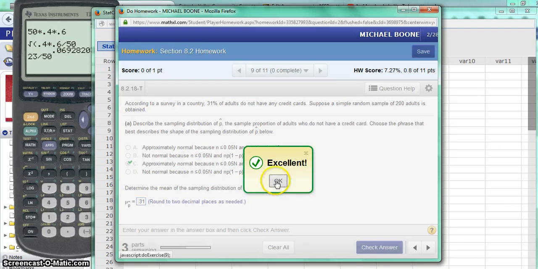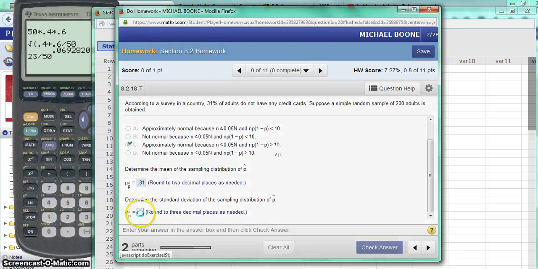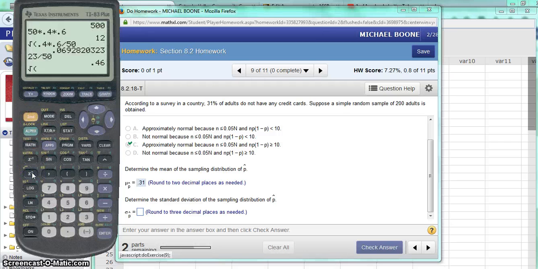And then the standard deviation of our p hat is going to be the square root of pq over n. So p is 0.31, q is 1 minus p, so 0.69, divided by our sample size, which in this case was 200.